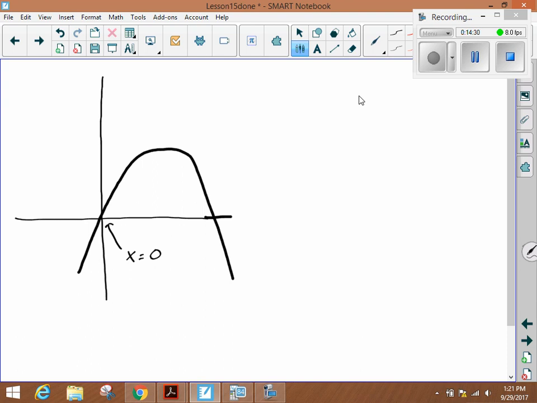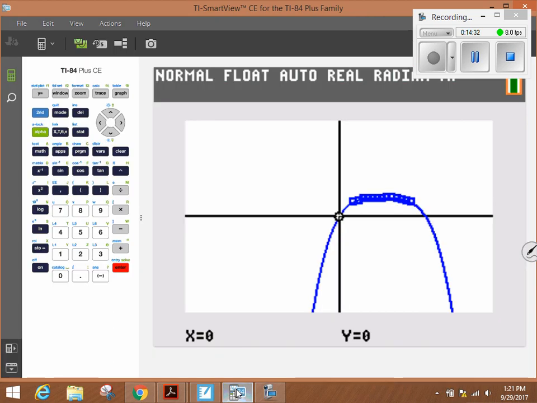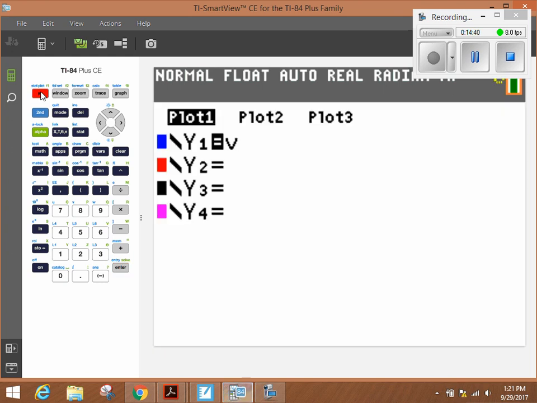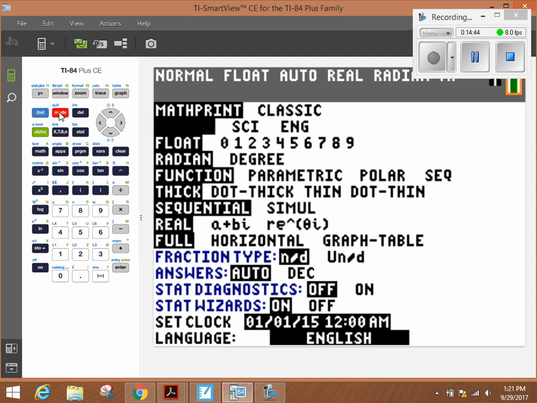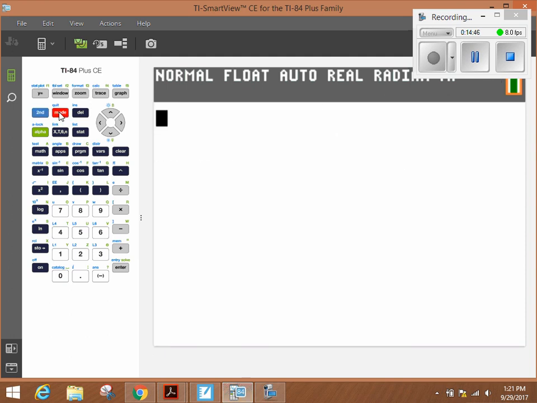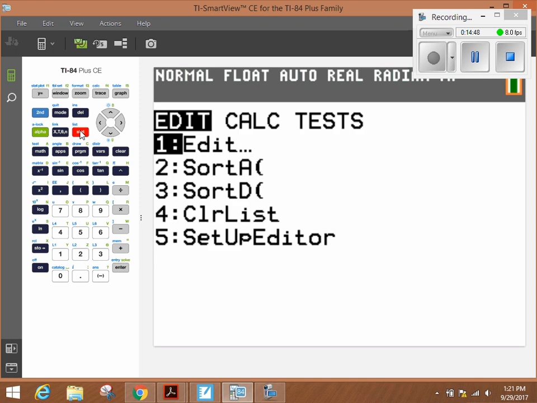Because if we look at our equation that we had, I'll have to bring it back up for us.